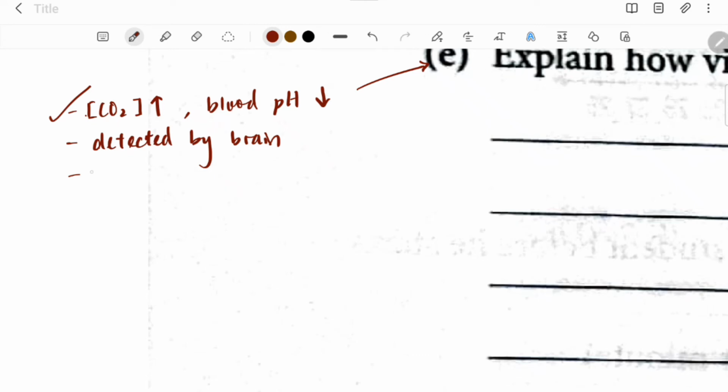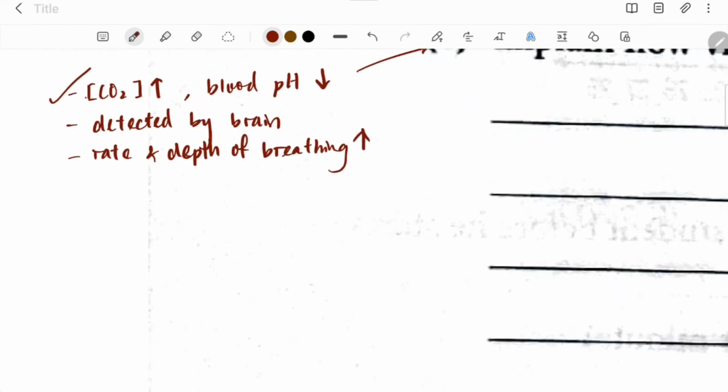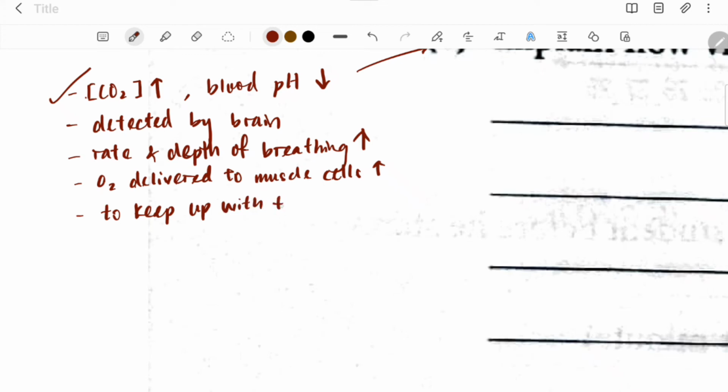Detected by the brain, the rate and depth of breathing increase also, because this is to deliver more oxygen to muscle cells and to keep up with the energy demand.